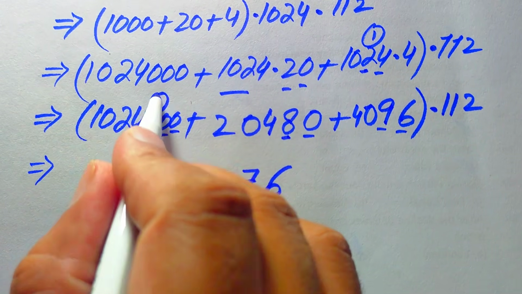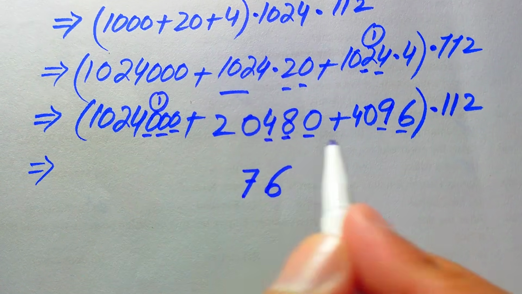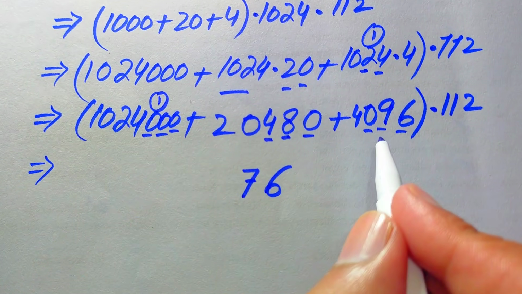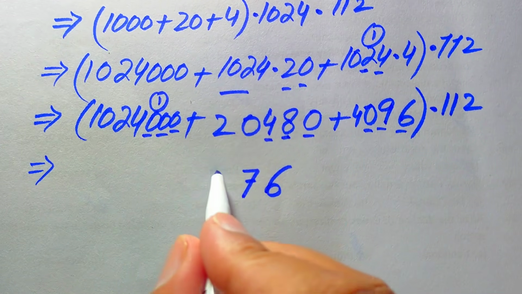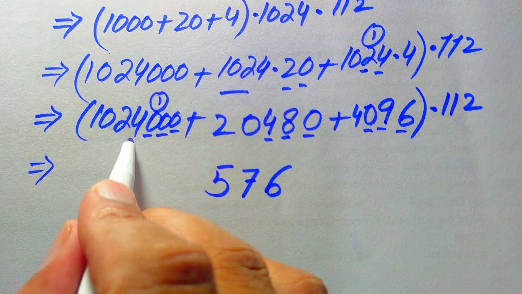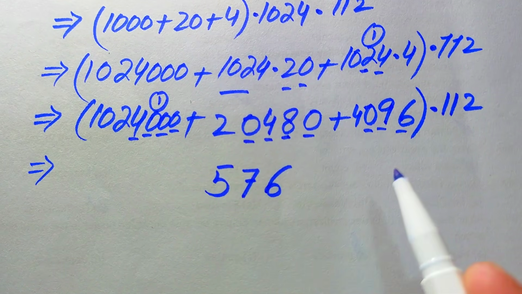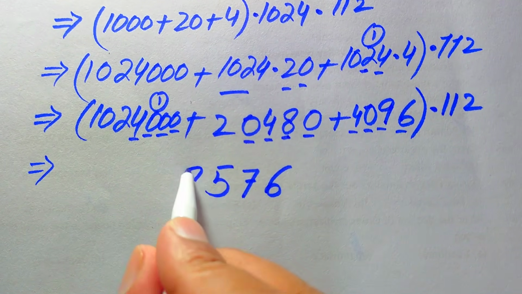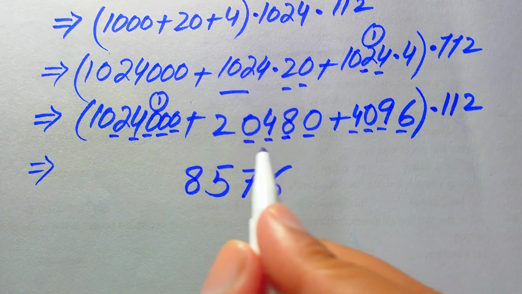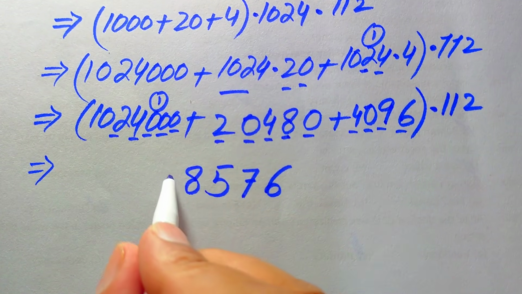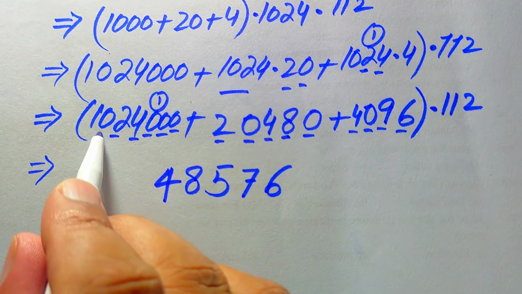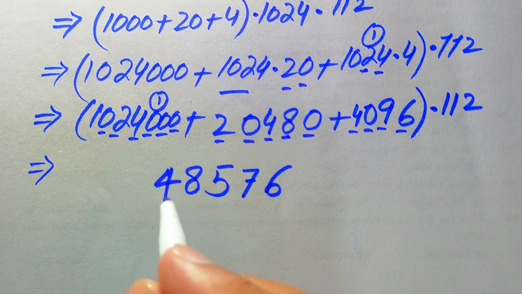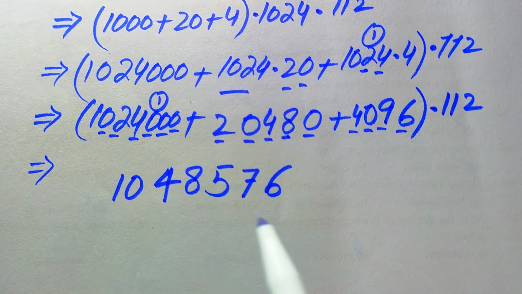We write 7 and carry 1. 0 plus 4 becomes 4. 4 plus 0 becomes 4. 4 plus 1 becomes 5. And 4 plus 0 becomes 4. 4 plus 4 becomes 8. And this 2 plus 2 becomes 4. And here further we have this is 0 and 1. We write both of these two values as it is here.